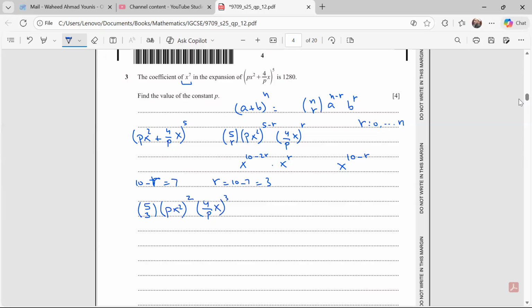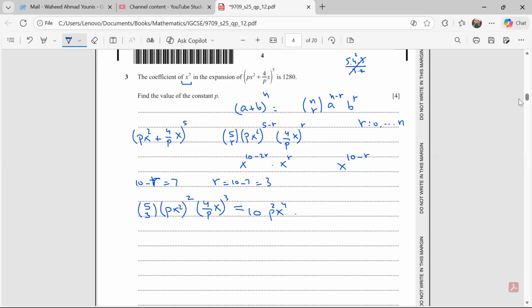So this will be expanded as 5 combination 3, which is 5 into 4 into 3 divided by 3 factorial, 3 into 2 into 1. So 3 cancels with 3, 2 cancels with 2, so this is going to be 10. 10 times p squared x power 4, right? p squared x power 4.